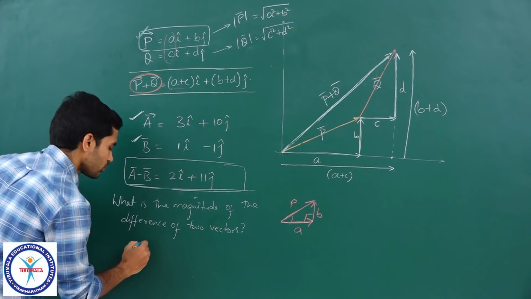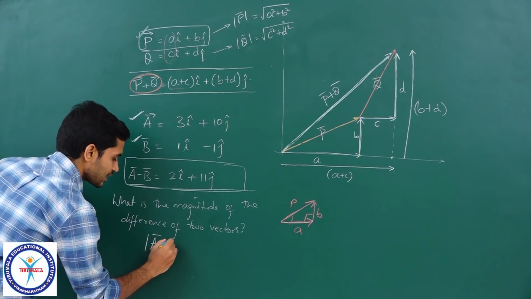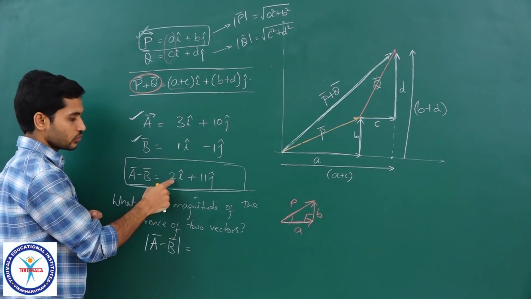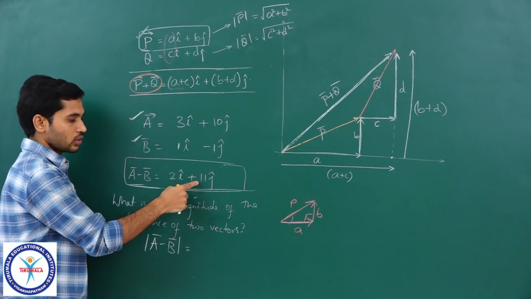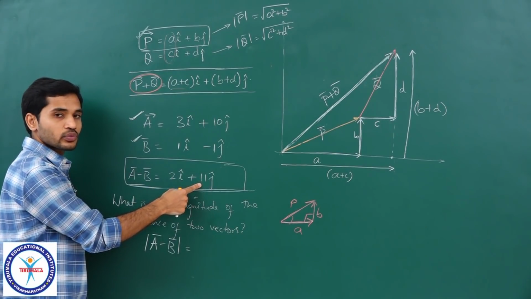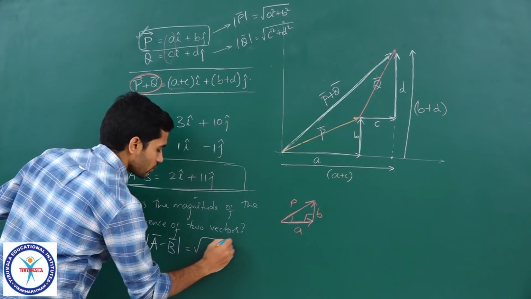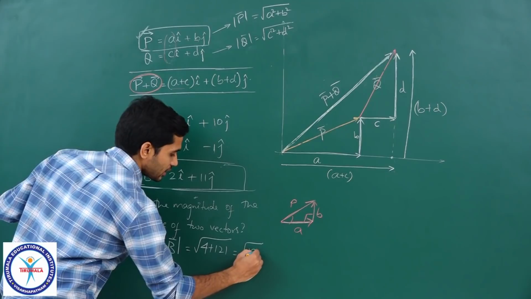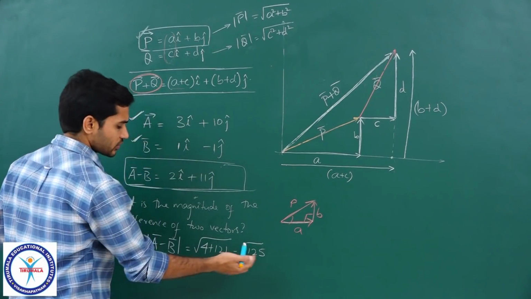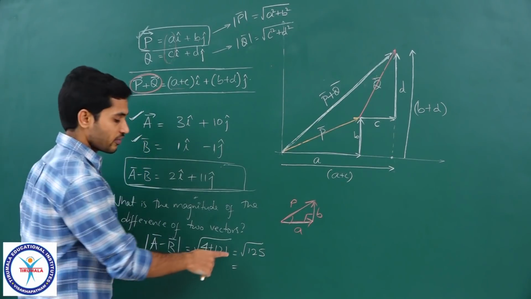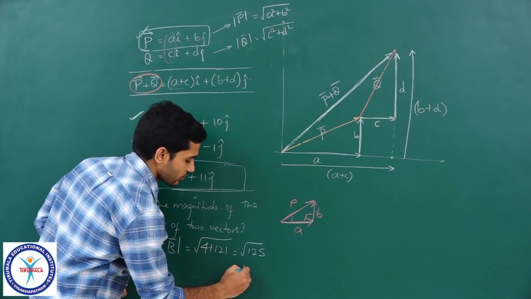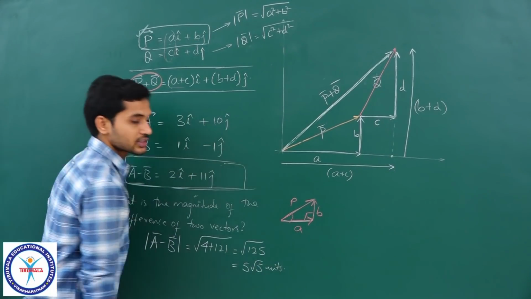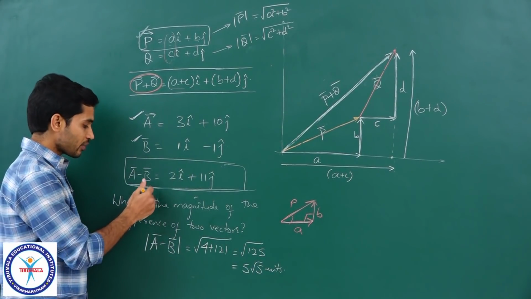So, the magnitude of the difference is root over 4 plus 121, which is root 125. If you simplify, you have 5 into 25, so 5 root 5 units. Clear, students?